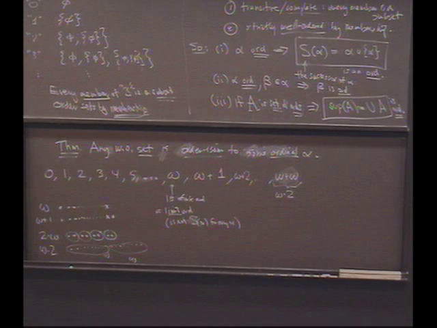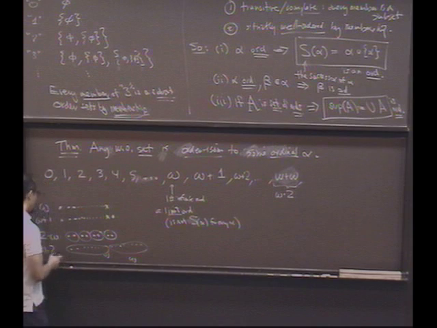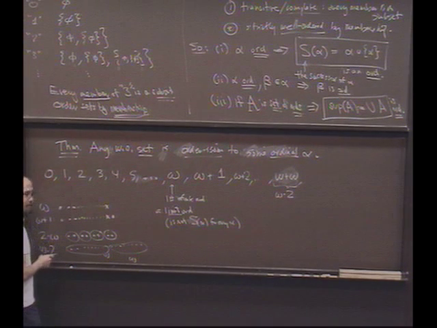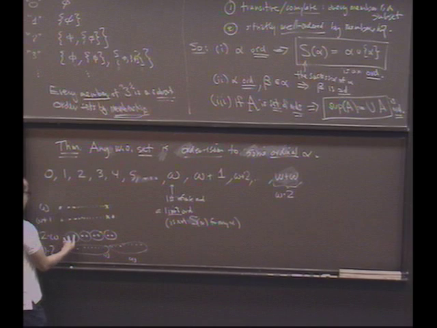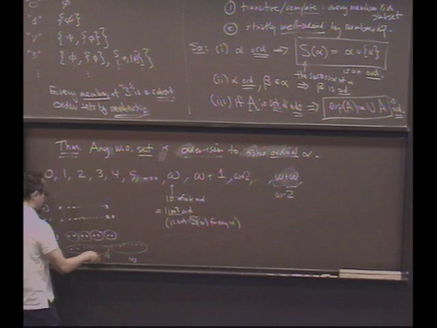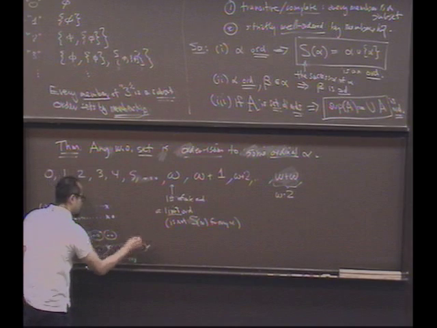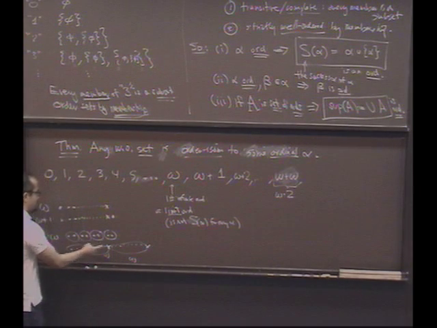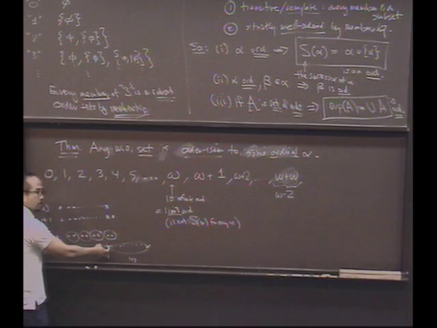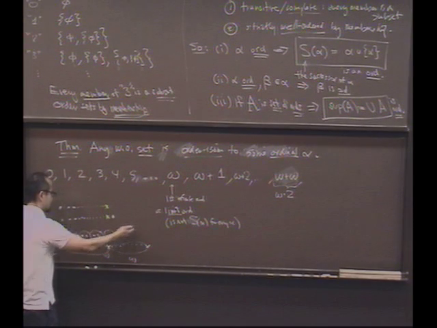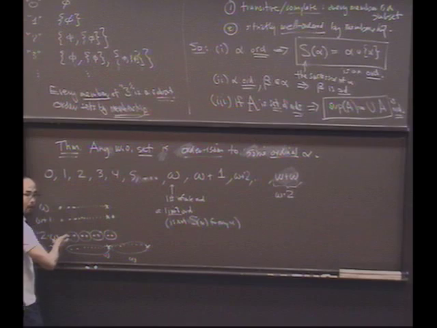How are they not order isomorphic? What do you think 2 times omega is order isomorphic to? Look, I've got a bunch of points here, a bunch of points here, a bunch of points here. They're not order isomorphic because of the limit ordinals, there are 2 of them here. Where are you going to send this limit ordinal, this one? Well, if you send it anywhere in this construction, there are only finitely many before.